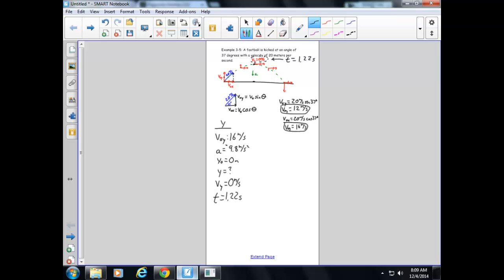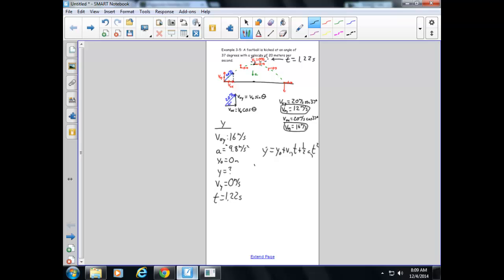So we can apply another equation: y equals yo plus Voy t plus 1/2 a t squared, all in the y direction. Distance is already isolated by itself, so we don't have to do any manipulation of variables. Let's plug some numbers in and see what we come up with.